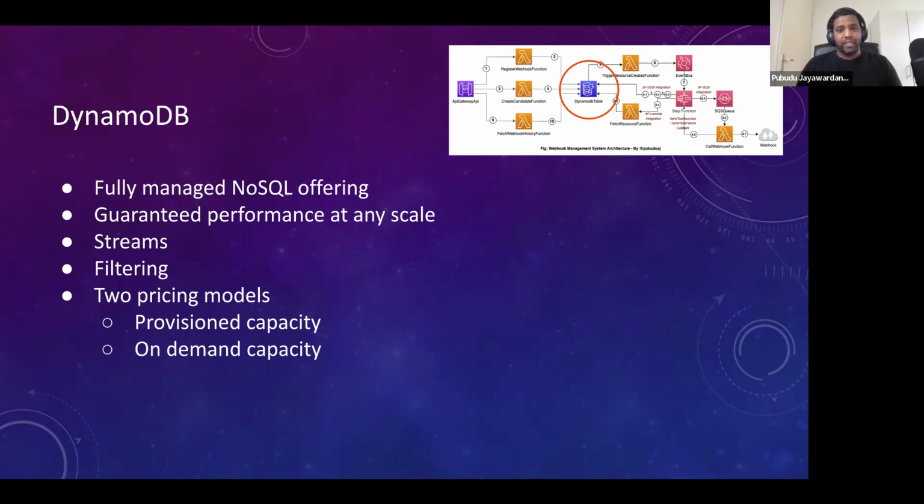So I had to filter it within the Lambda function. With this new filtering feature, now within DynamoDB Streams, we can configure that I only need, for example, the insert action.